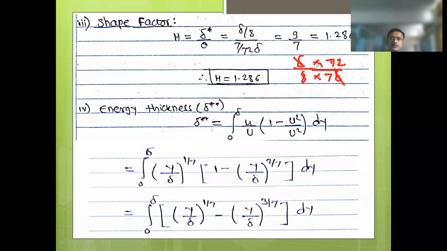So del will get cancelled here. 9/8, here 9 came. So we will get here 9/7. 9/7 is nothing but 1.286.